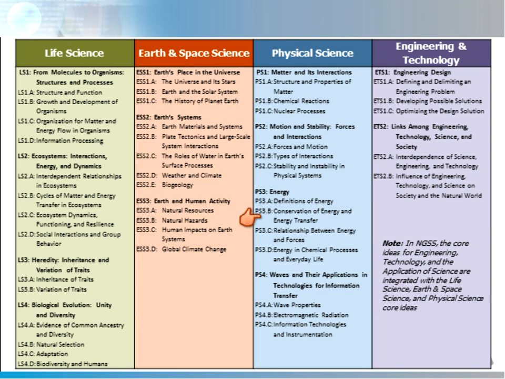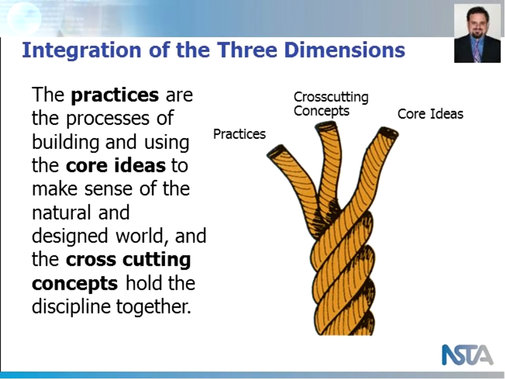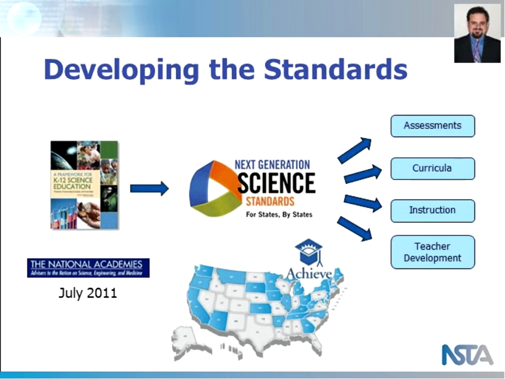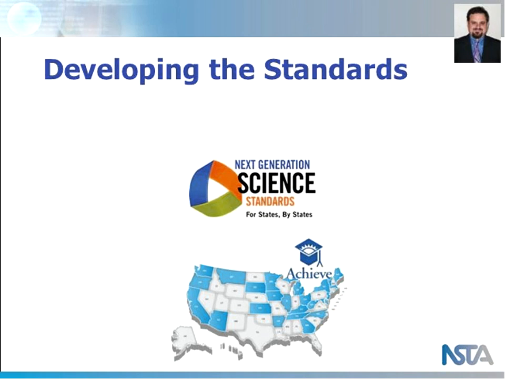So in energy, definitions of energy, conservation of energy, relationship between energy and forces. And so it gets down to particular concepts that we want students to have an understanding of. But again, it is taking these practices, cross-cutting concepts, and core ideas and winding them all together to make the standards. And as I mentioned, we'll jump into the whole aspect of the standards that are being developed.